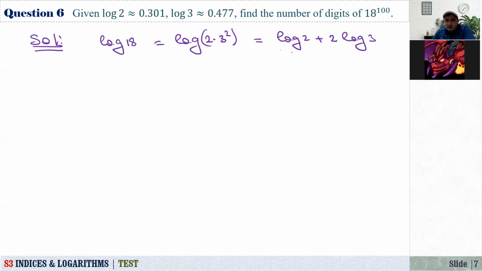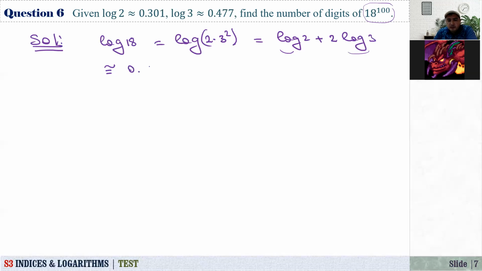So we know what log 2 is, and we know what log 3 is approximately. After that, we need to find this. So let's continue. Approximately, what is log 2?